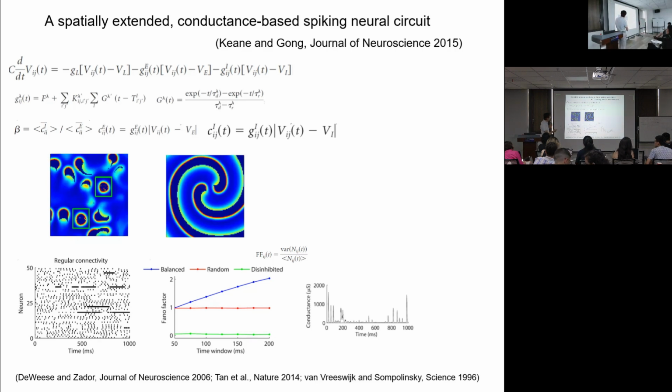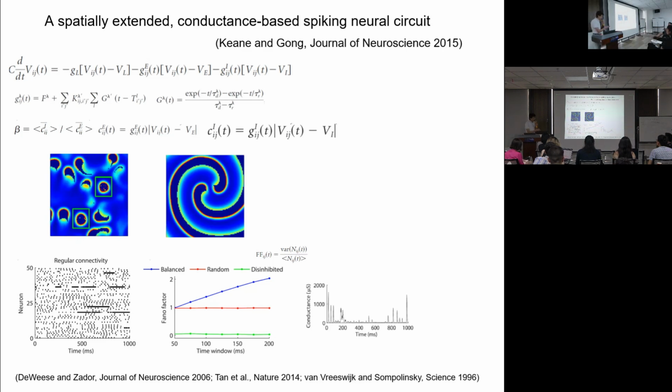So we set it up in this way, and we also made sure that the network is balanced in the sense that the ratio between excitatory synaptic current and inhibitory current is close to 1. It means that excitatory and inhibitory currents are somehow balanced, as found in real neural circuits.